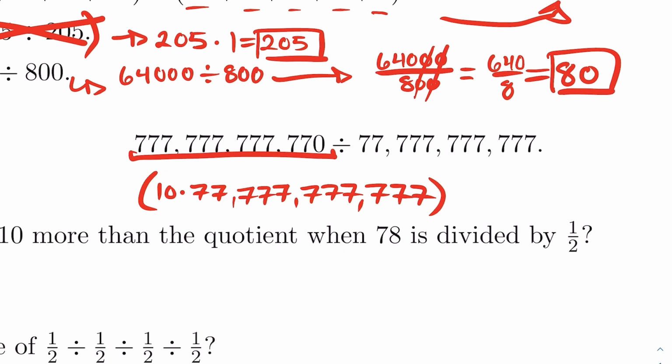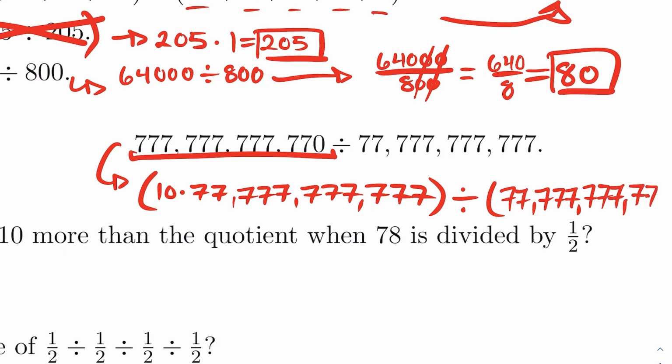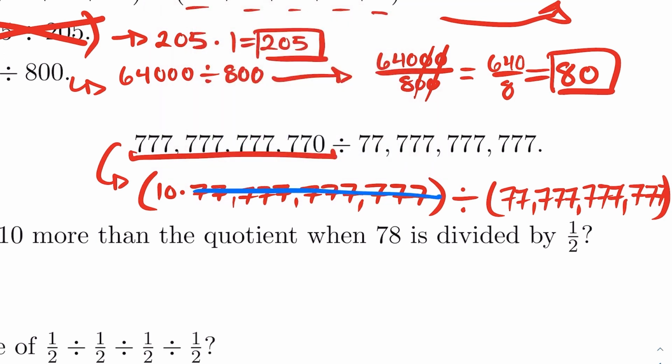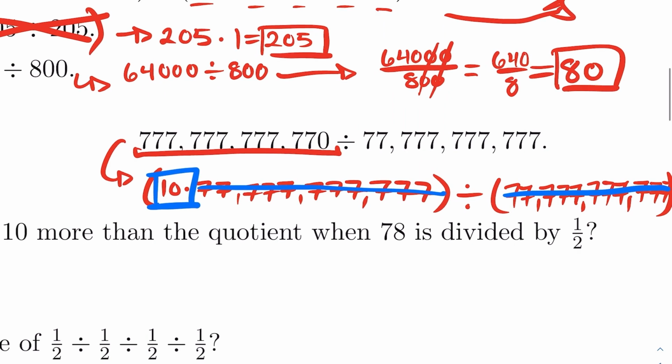That's what this part is equal to. And so we can go ahead and divide this by 77,777,777,777. Well, if you notice, these two things right here and right here are exactly the same, so we can go ahead and cross those out. And what we're left with is 10. So our answer will be 10.